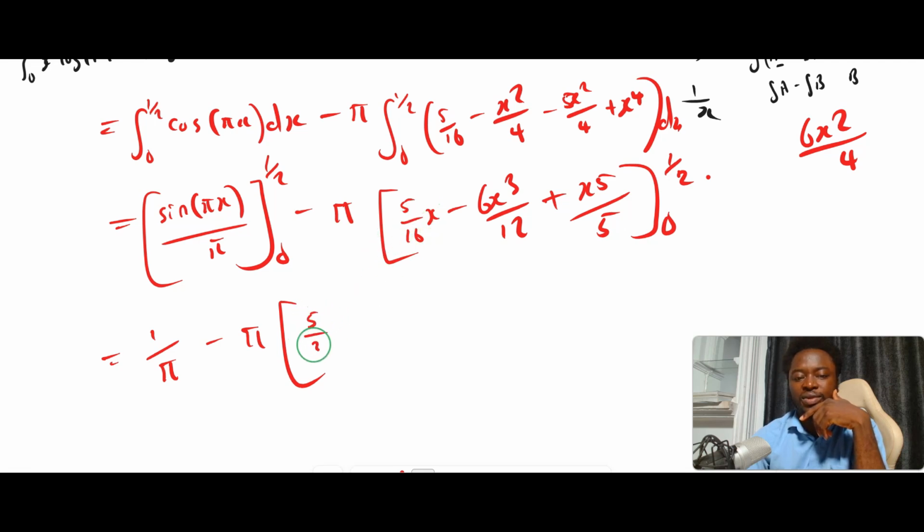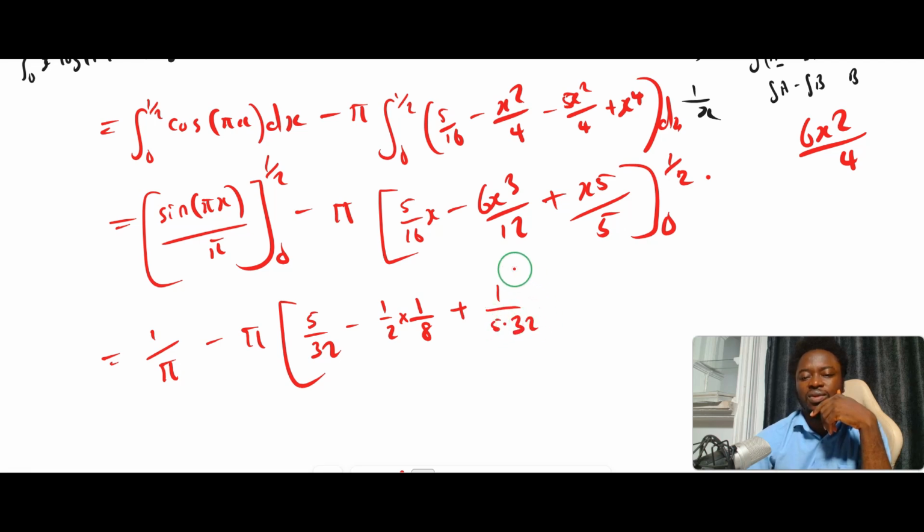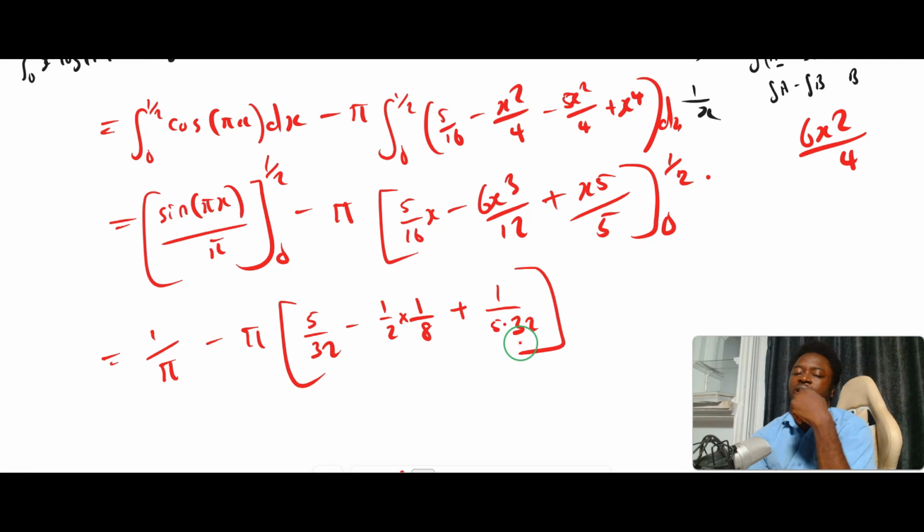Here you have 6 minus 1 over 2 times 1 over 8, and then plus 1 over 5 times 32. Okay, let's keep that in mind.